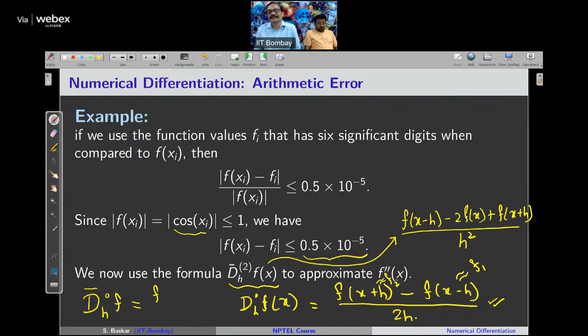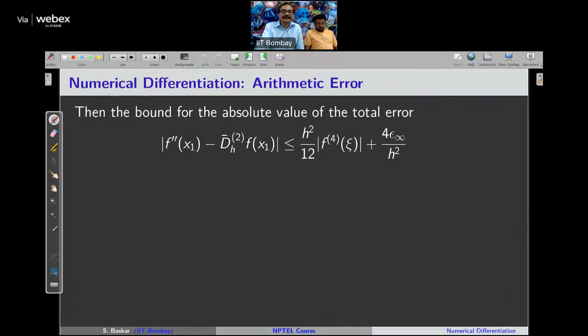So you did some rounding error and found the values of these functions, denoted by f1 and f2 respectively. Then you have f2 minus f1 divided by 2h. Okay, so when you subtract these two, you will have epsilon 2 minus epsilon 1 divided by 2h, which is the arithmetic error.